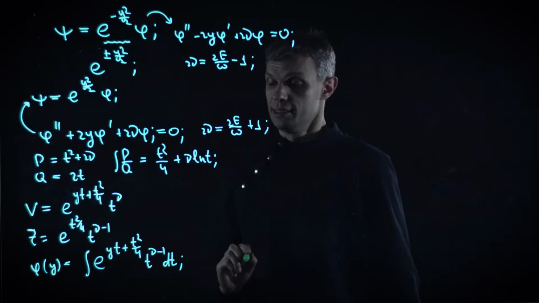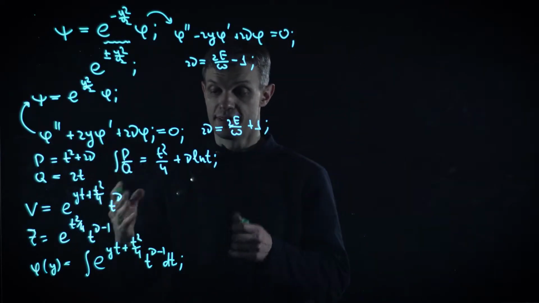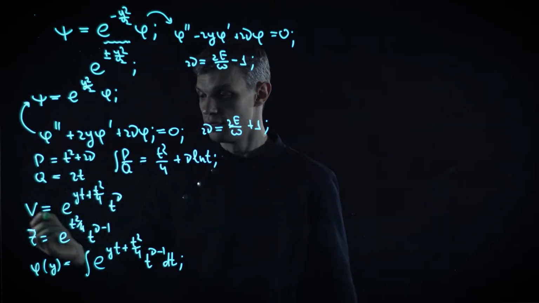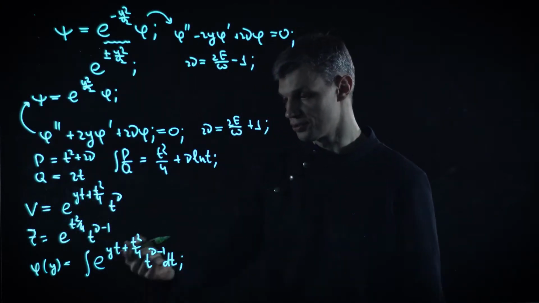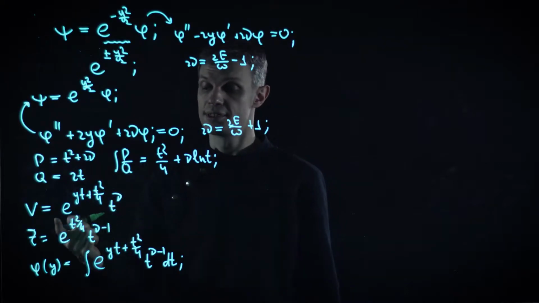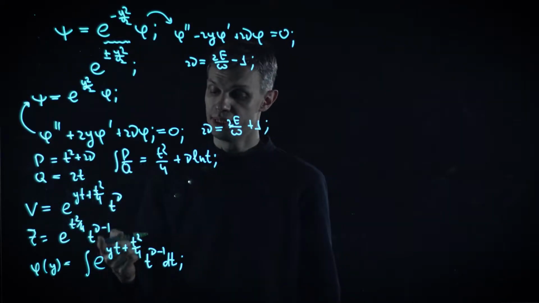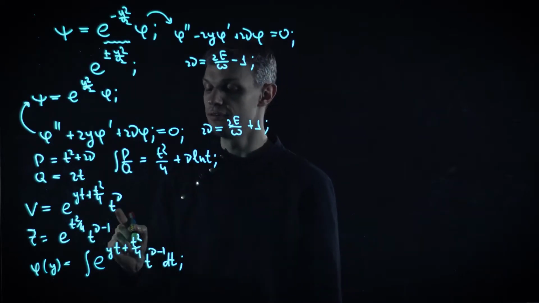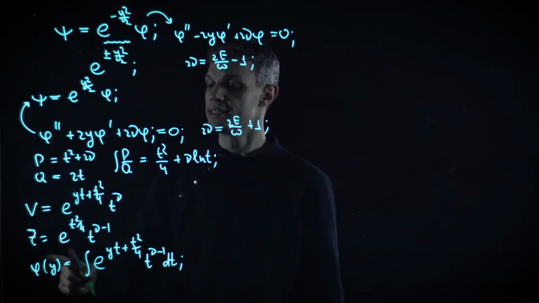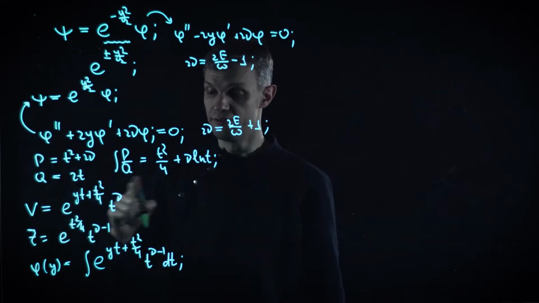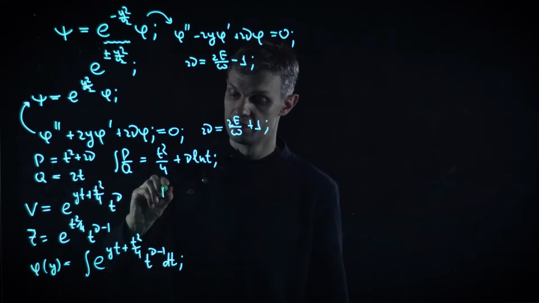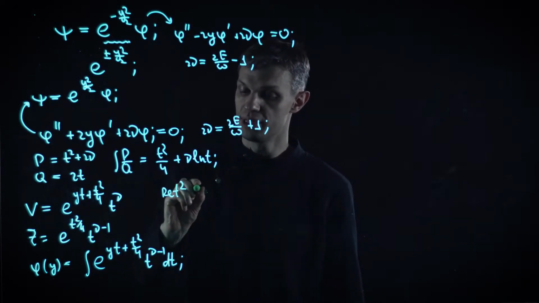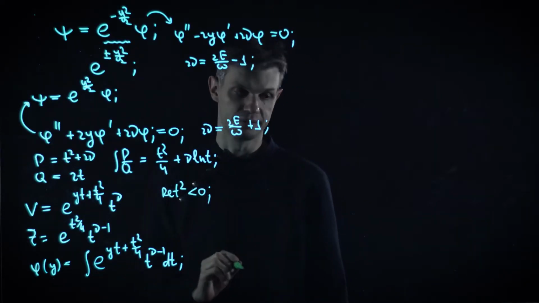Right. So to get the idea of how to position the contour, again, we look at the structure of the v function and our integrand. And again, we notice the same kind of exponential function, but here we have a plus sign. So the condition for the convergence of the integral, as well as the condition for the vanishing of the v function, is the following: the real part of t squared should now be negative.